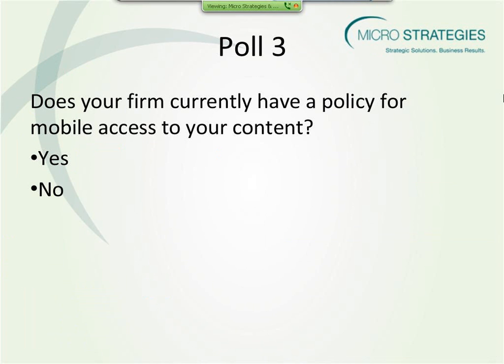So we actually have another poll here, and the question is, do you currently have a policy for mobile access to your content? We talked a bit about the cloud. We're seeing mobile really taking hold in a lot of firms now, and I think it is getting more widely adopted. The challenge we're seeing is that it's not necessarily adopted with current systems, even though there is definitely a big market for that.